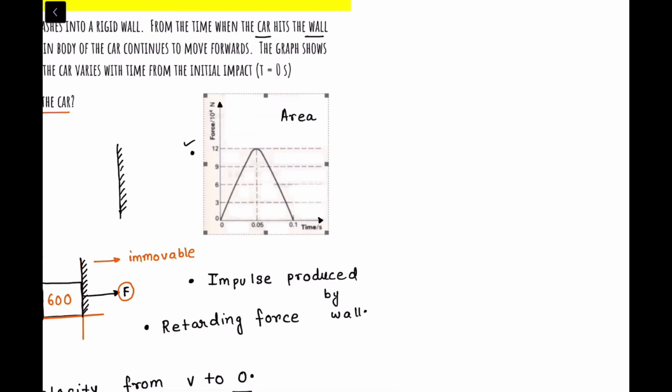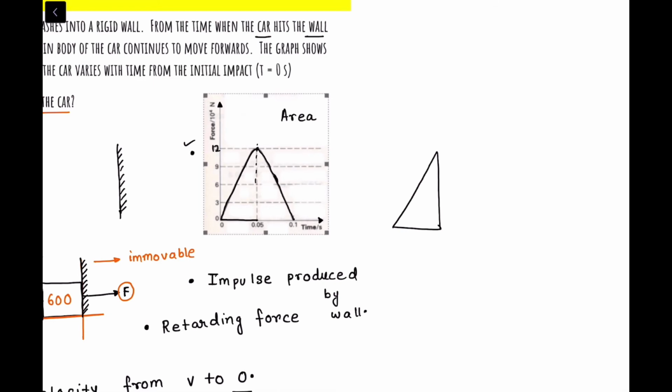So this curve can be divided into two parts. First of all, from 0 to 0.05, the force is actually increasing to this value, that is 12 into 10 to the power 4. And after that what happens? The force decreases to 0.